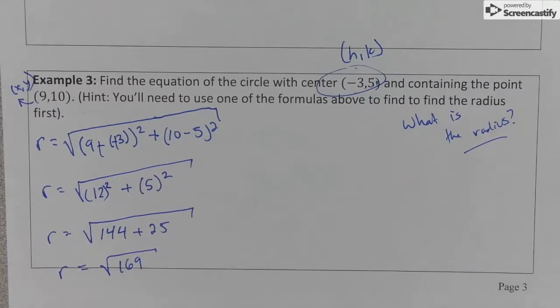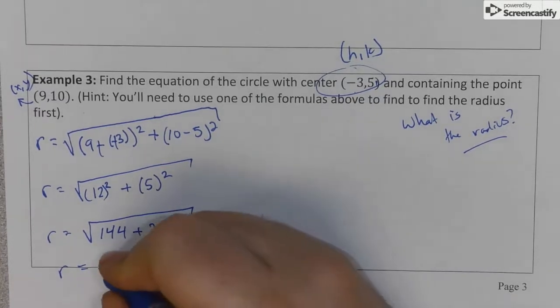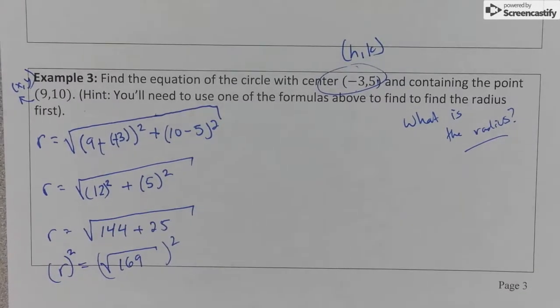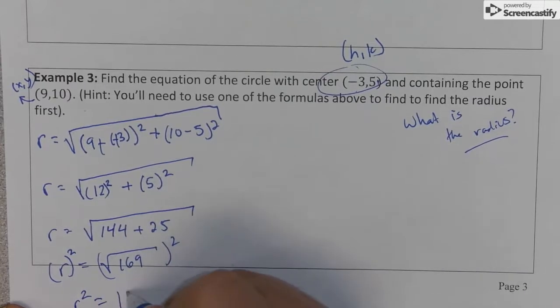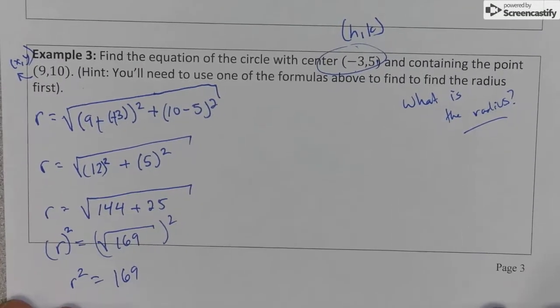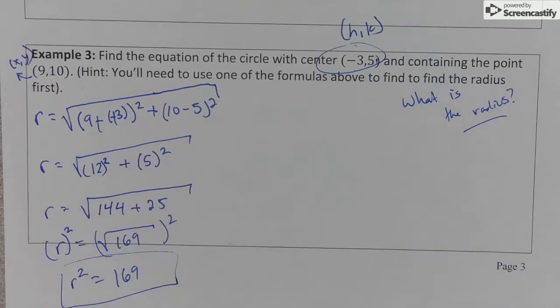But if we want to know what r squared is, you would have to square both sides, just like we did in the earlier problem. In example 1, we had to square both sides so that we could figure out what r squared is. So in this case, r squared is 169. You could say r is 13, but this gives us a more exact answer. So r squared is 169. So now we figured out what our radius squared is.